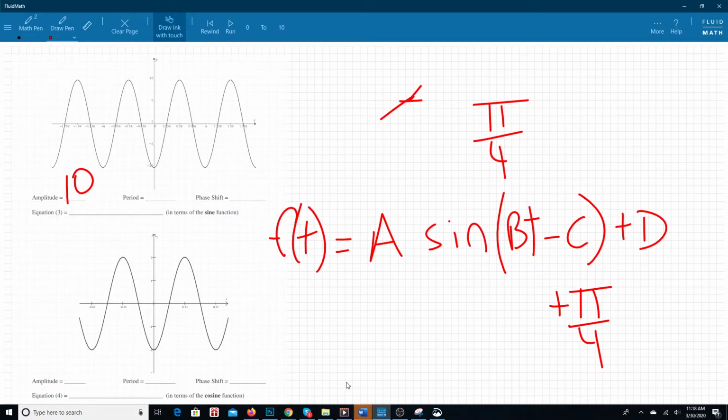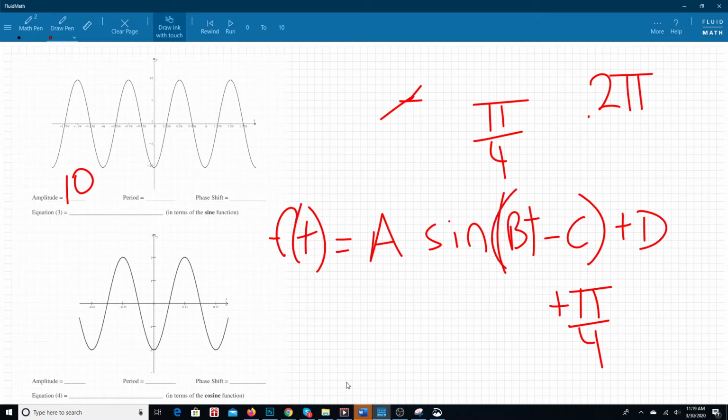And my period is going to be normal. If I shift it over one time from peak to peak, I'm looking at something a little less than normal, 1.25 pi. So my period is 2 pi.